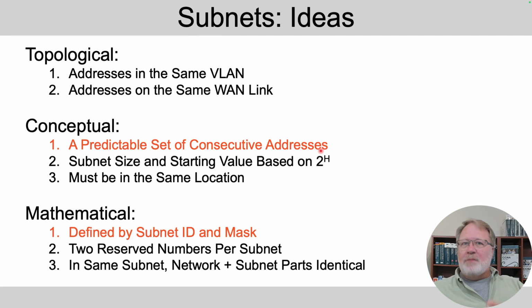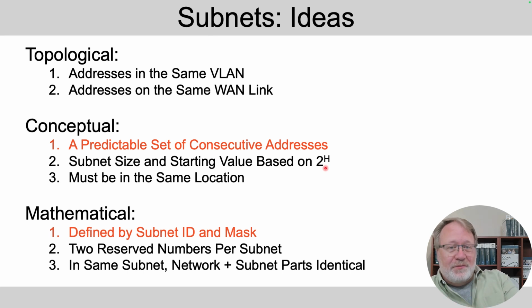Subnets have a size. How many addresses are there in the set? Well, that's important. It's a power of 2 in raw size. And the location in the topology is important. Get this. Addresses in the same subnet should not be separated from each other by something that's doing routing. So, hey, we're in the same subnet.